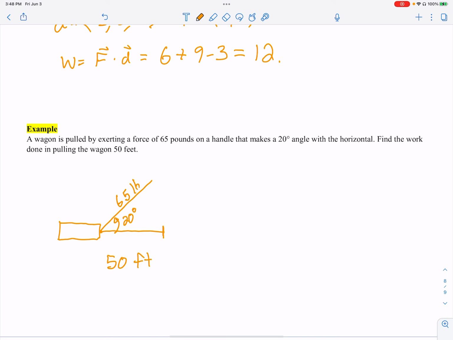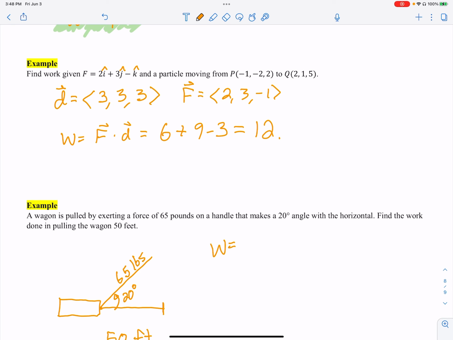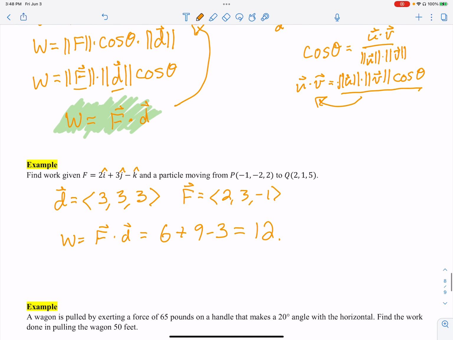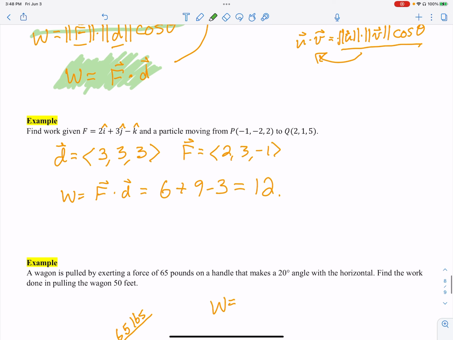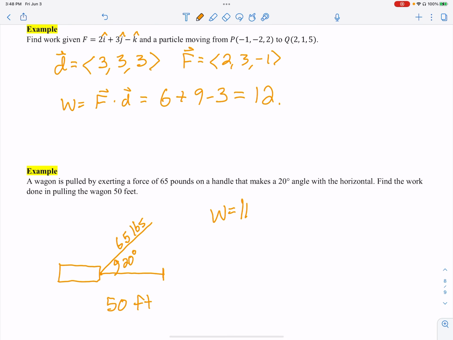The definition I probably want to use for this one would not be F dot d, because I would have to find the vector for F and the vector for d. d is not that big of a deal, but F wouldn't be fun. So instead of using the green definition, we should use this definition: work is the magnitude of F times the magnitude of d times cosine of theta.